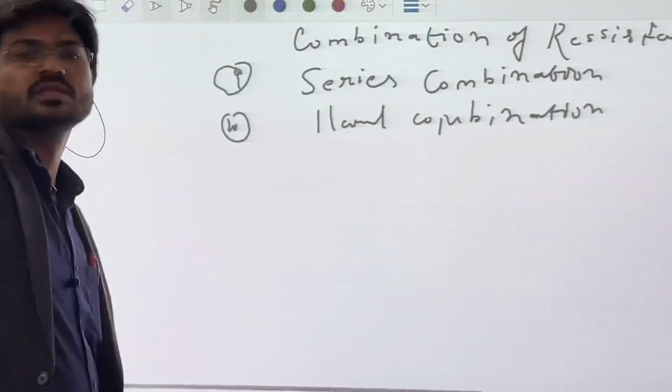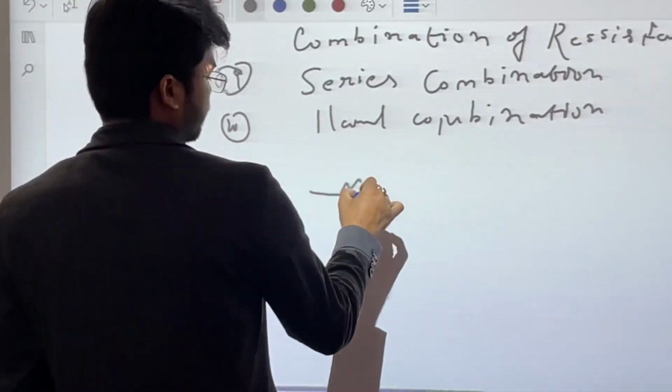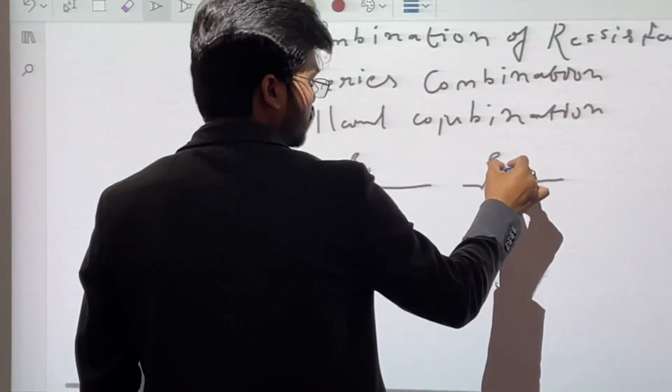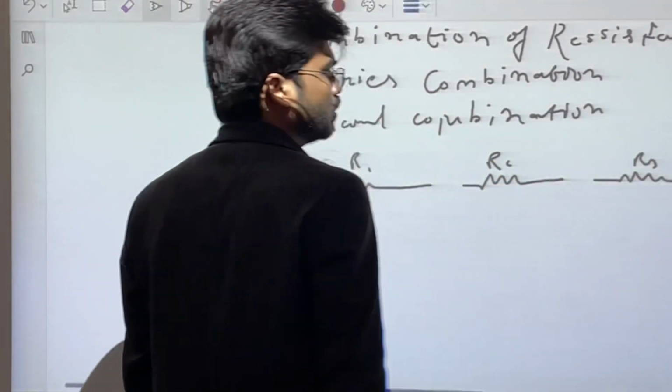What is series combination? If we have 3 or 4 resistors, R1, R2, R3 and so on.